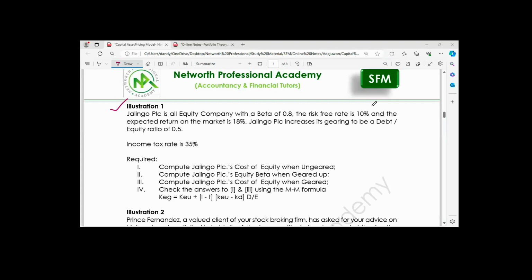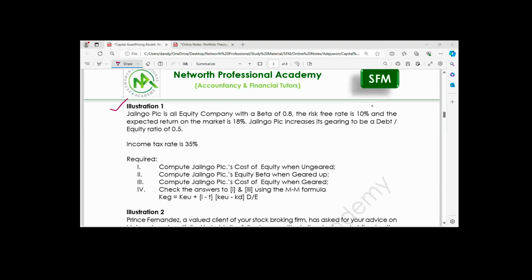Because the examiner says calculate cost of equity when ungeared, and has given you CAPM information, nobody needs to tell you that you are supposed to calculate cost of equity using CAPM. There's no need for me to switch. I can manage this space.